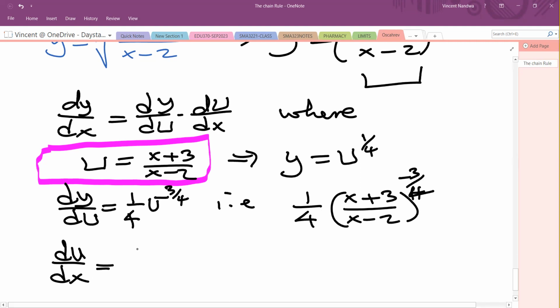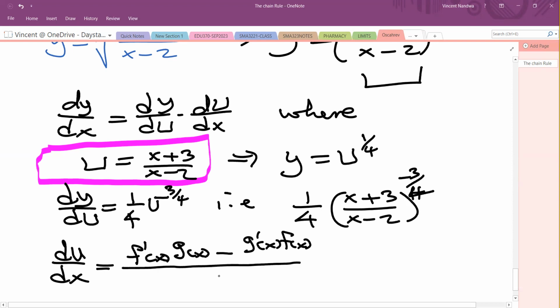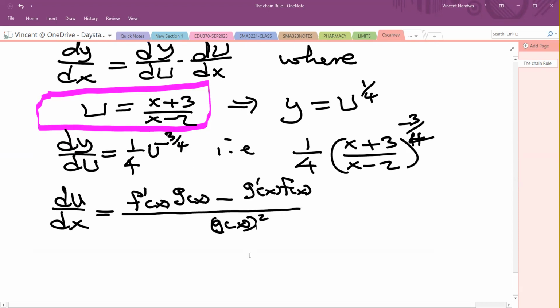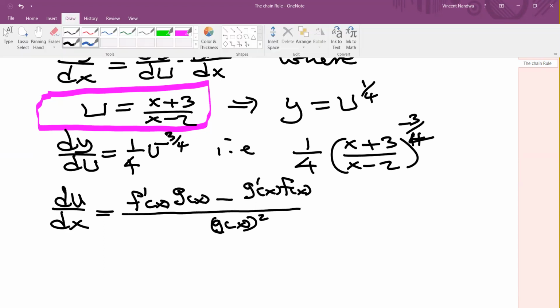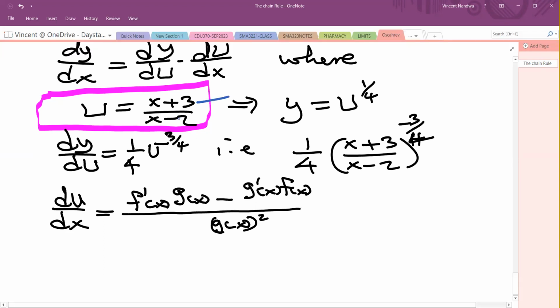Yeah, so quotient tunasema we have f prime times g of x minus g prime times f of x divided by g of x squared. Correct. Okay. Sasa ukitafuta, ya juu ndio unaita F, then ya chini unaita G. Okay? This is usually the F, this is usually the G function. Okay?